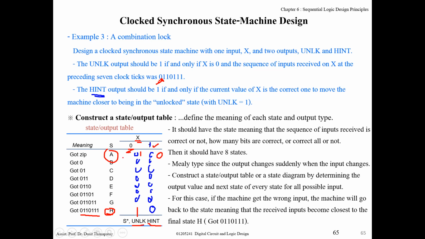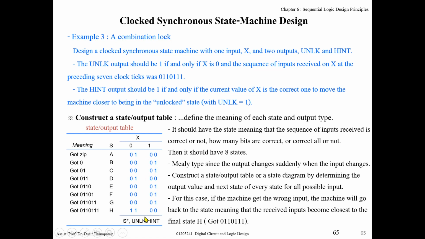At state B, which already has 1 bit correct, if you apply the next value of X as 1, hint will be 1. But if you apply 0, hint will be 0. For state C, if you apply the next value of X as 1, hint will be 1. If not, X will be 0, and so on.